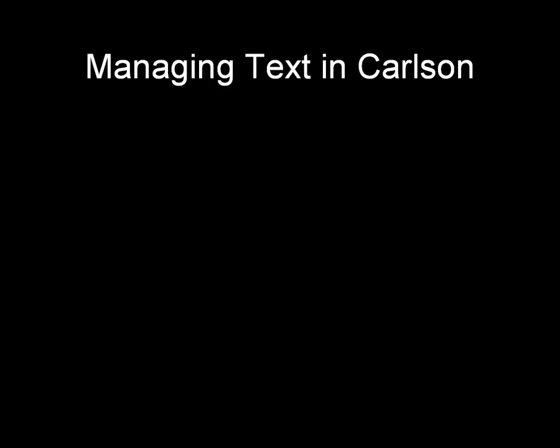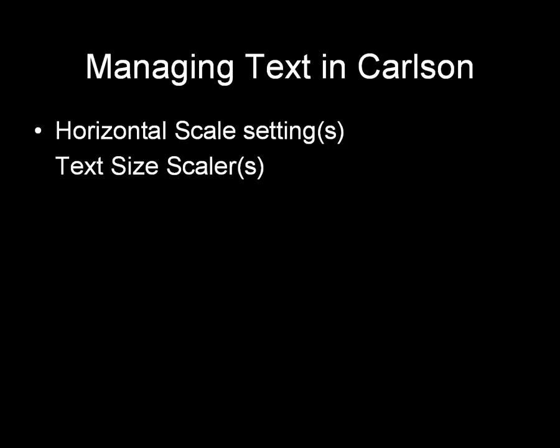So now, how does Carlson manage its text? There are 2 new settings in Carlson. In Carlson, we're going to set up the horizontal scale, which is nothing new. This is just the plot scale. So if it's 1 to 40, you'd put a 40 in for your horizontal scale. If it's 1 to 100, you put in 100. And then the text size scaler corresponds to the plotted height of text. So the plotted height, usually L100 we were talking about a minute ago, L100 corresponds to a plotted text height of 0.1.